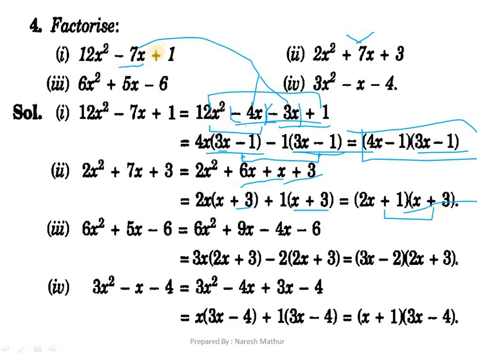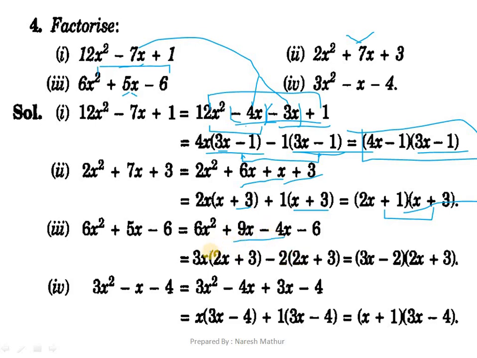Alright, now the next one is 6x square plus 5x minus 6. The separation must be in such a way that the product should be 6x square into minus 6, which is minus 36x square. That's why we are taking positive 9 and minus 4. The product of minus 4 into plus 9 would be minus 36, and x will make x square.